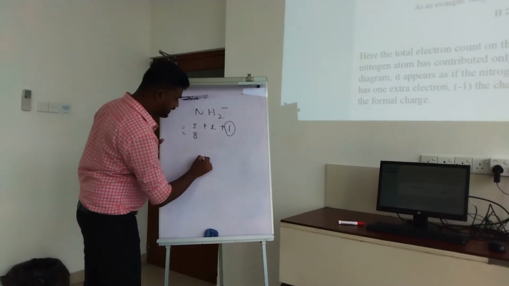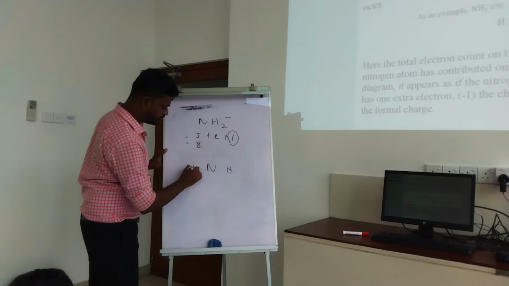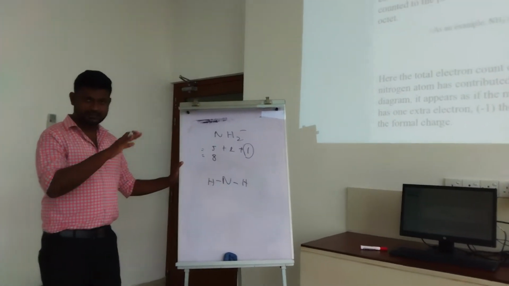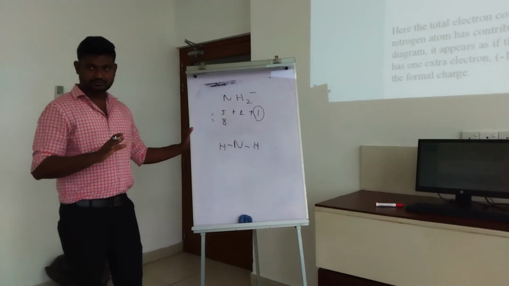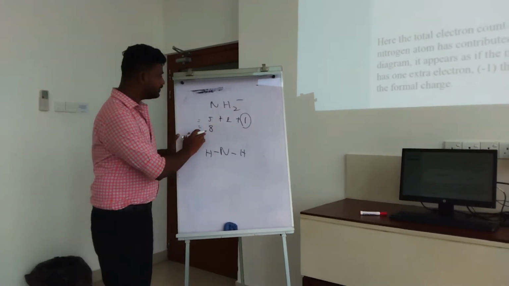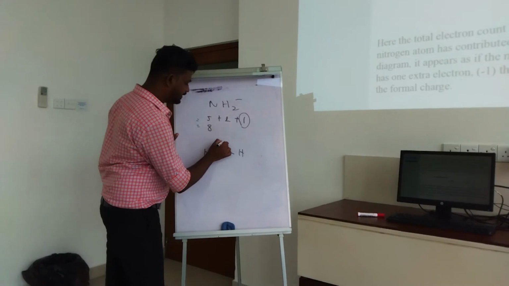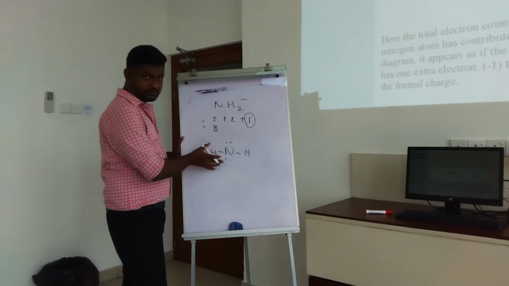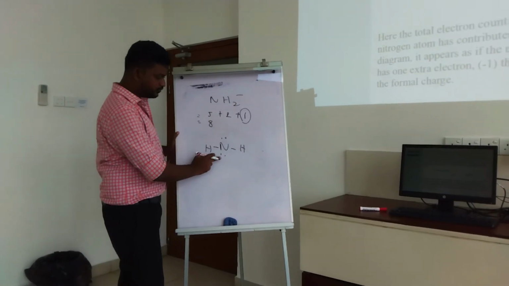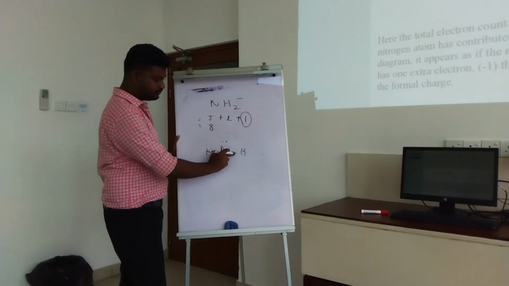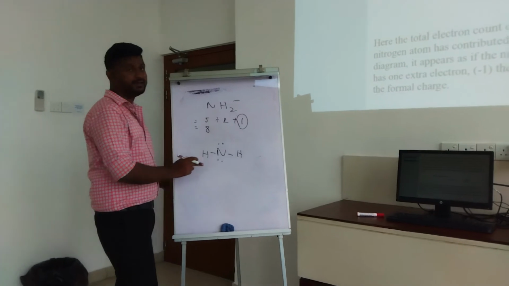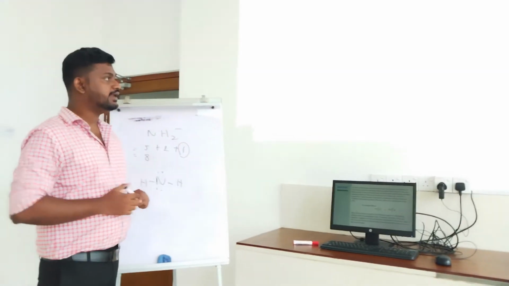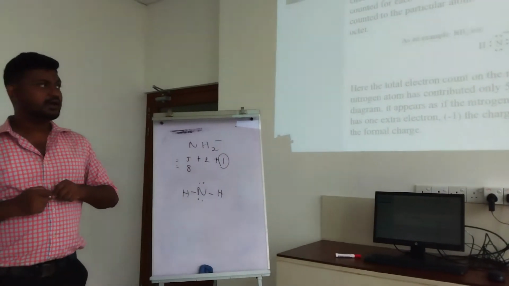If you draw NH2, first we have to put 2 bonds, so 4 electrons are used, and the remaining number is 4. That will be placed on nitrogen. Now when you count it, 2, 4, plus 2, plus 2, there will be 8 electrons. But you all know that nitrogen has only 5 electrons in the outermost shell.